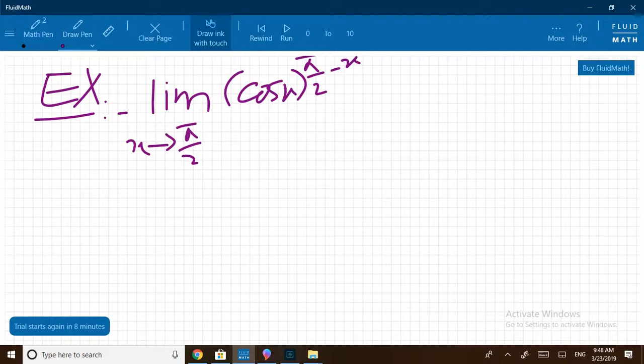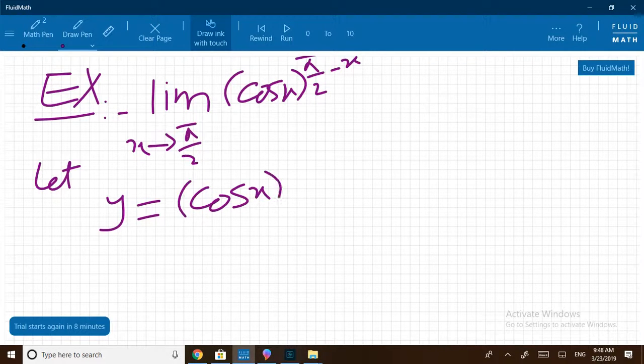Okay, so let y is equal to (cos x) raised to the power (pi by 2 minus x).